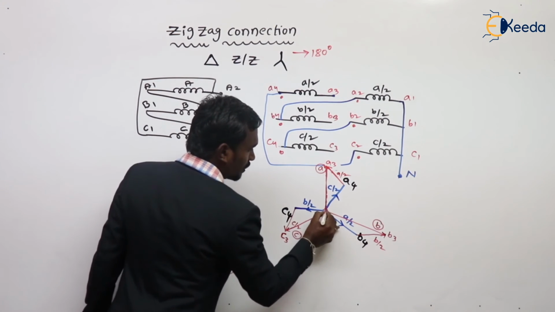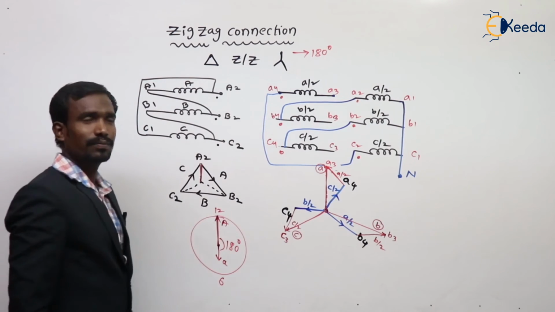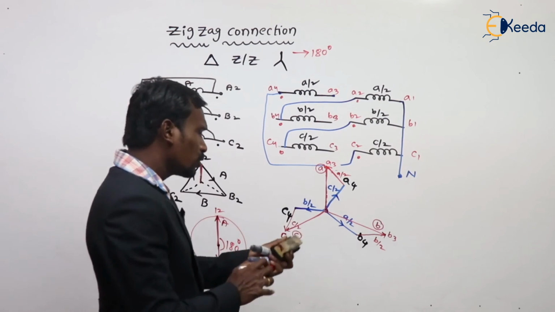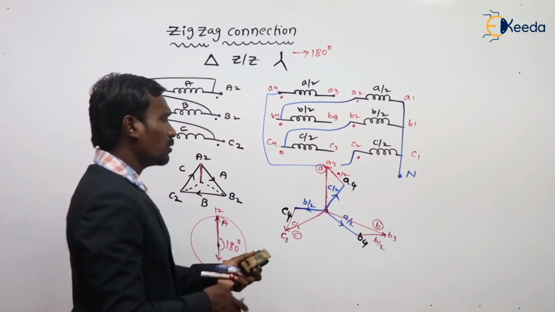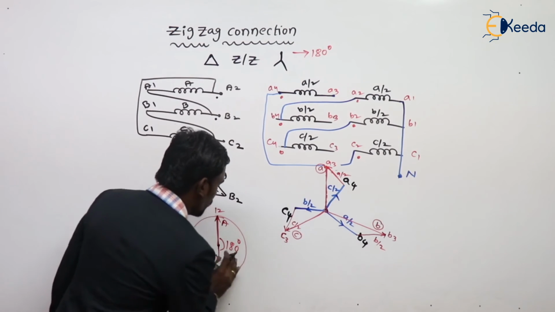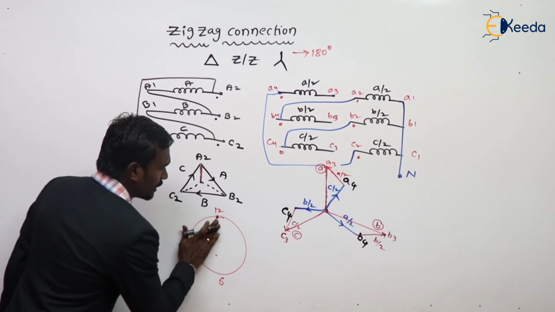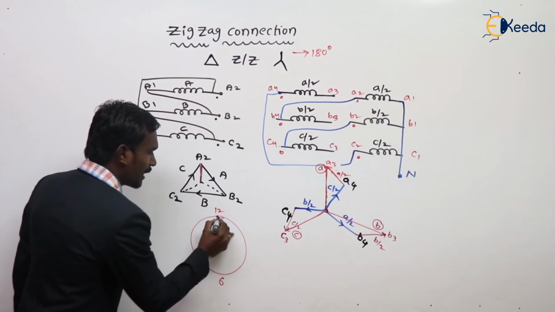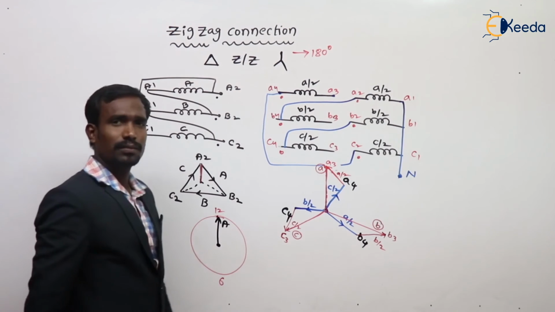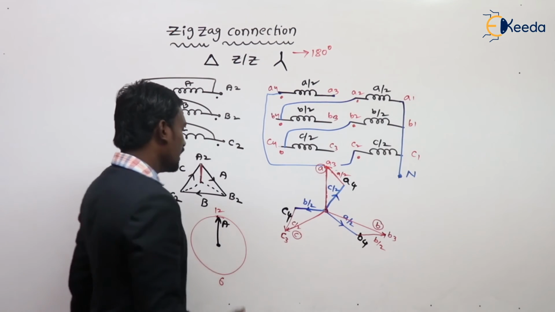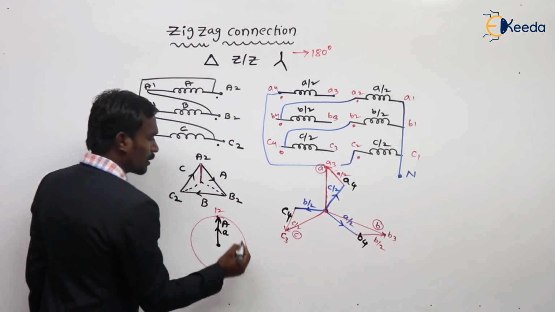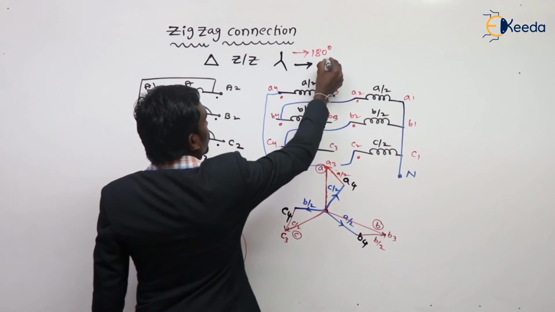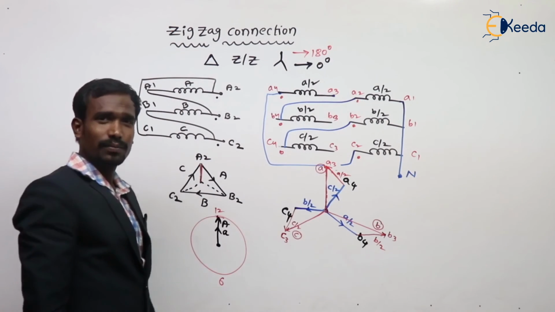This is my star. Delta and star. Now superimpose these two here in the same clock. My capital A is again at 12 o'clock. My small a is also at 12 o'clock only. Nothing but it gives us a 0 degrees displacement.